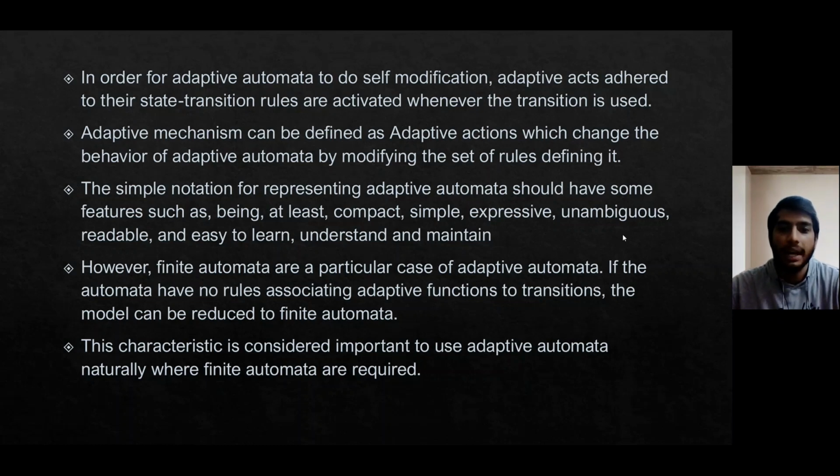However, finite automata are particular cases of adaptive automata: if the automata have no rules associating adaptive functions to transitions, the model can be reduced to finite automata. This characteristic is considered important to use adaptive automata naturally where finite automata are required.